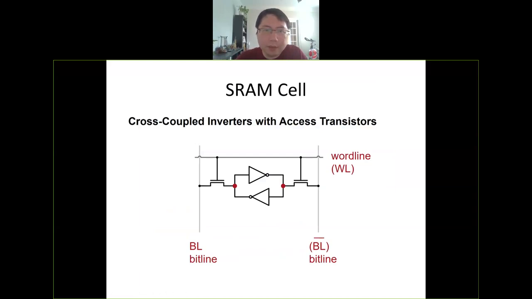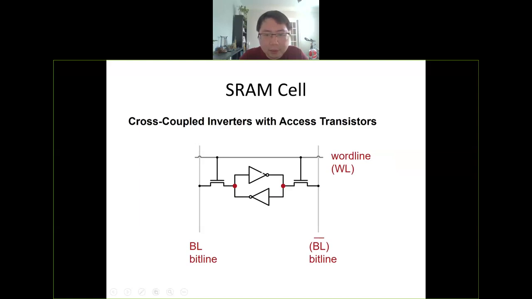Here, this is the SRAM cell circuit we're going to discuss in great detail. This is the SRAM cell to store 1 bit of data. It consists of 2 inverters cross-coupled in the middle with 2 access transistors.